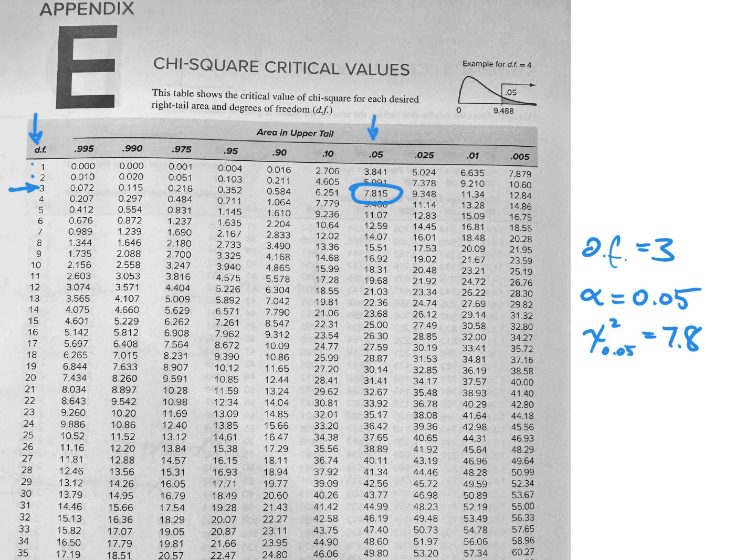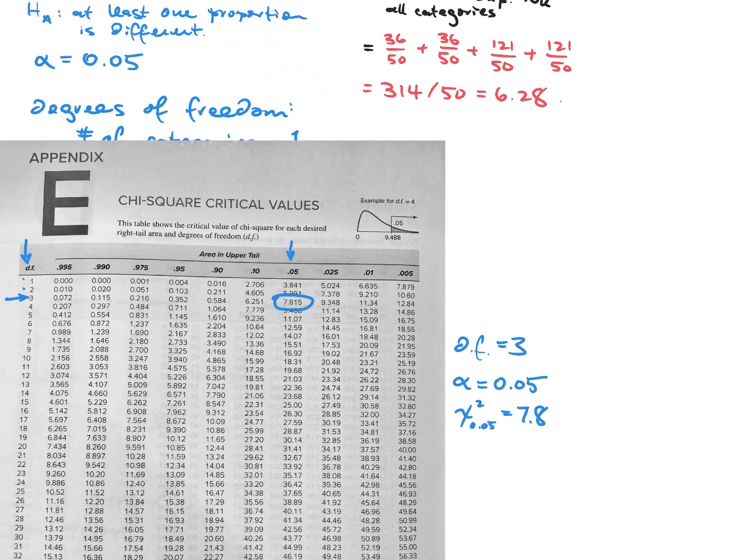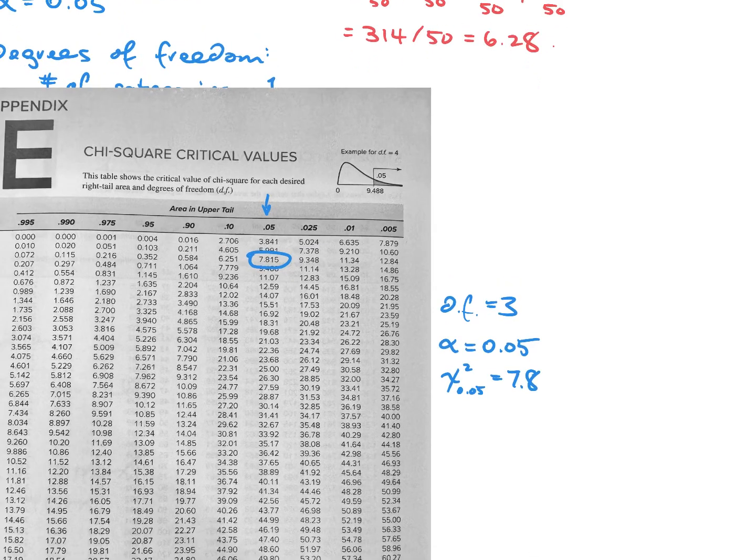So now we've got the two important things for testing the hypothesis. We have a test statistic with a value of 6.28. We have a critical value of 7.8.